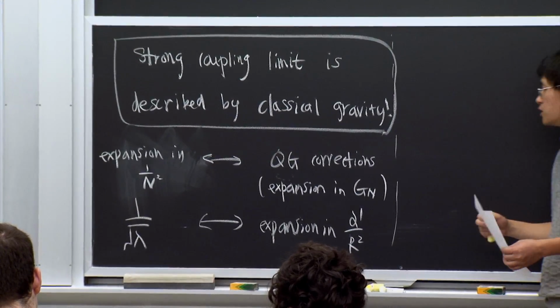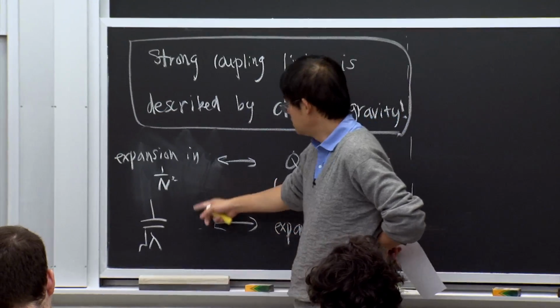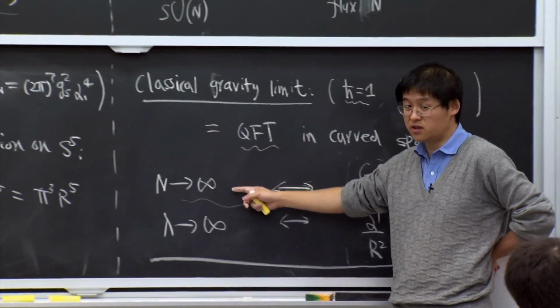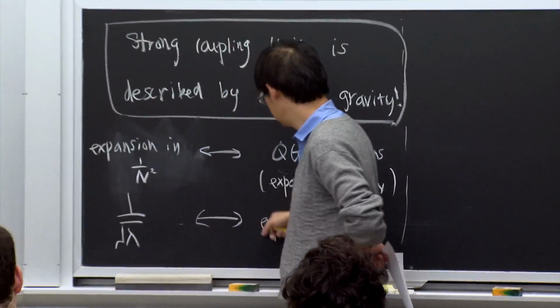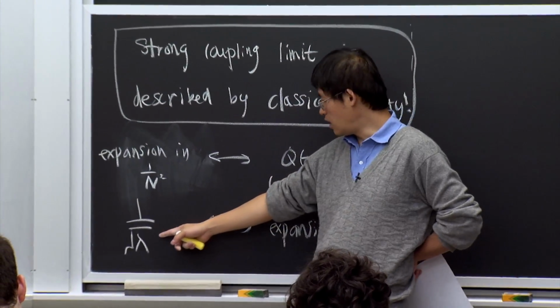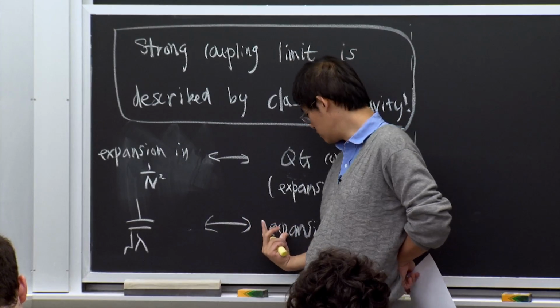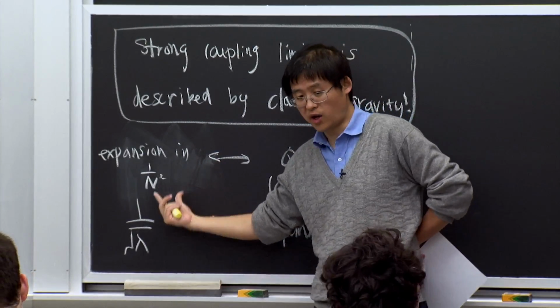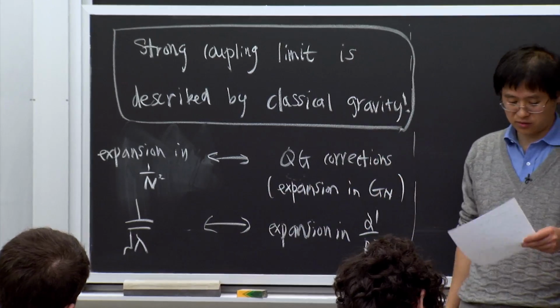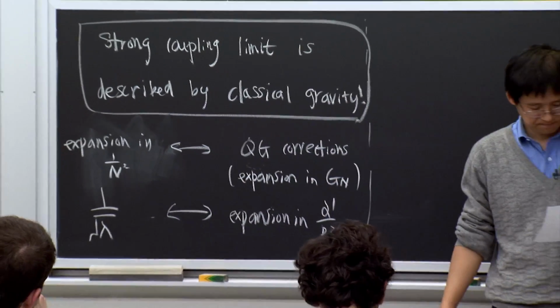So in principle, the corrections beyond this limit can again be studied on the gravity side, with the 1 over square root lambda corrections corresponding to the stringy corrections, and the 1 over n squared corrections corresponding to the quantum gravity corrections. Okay?